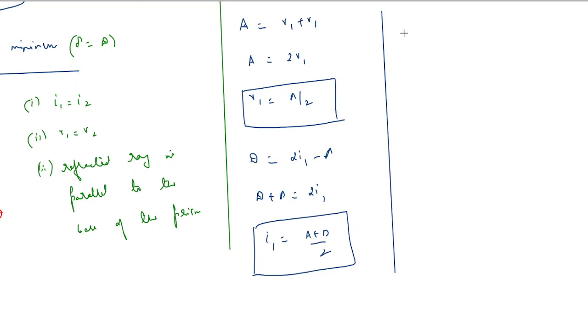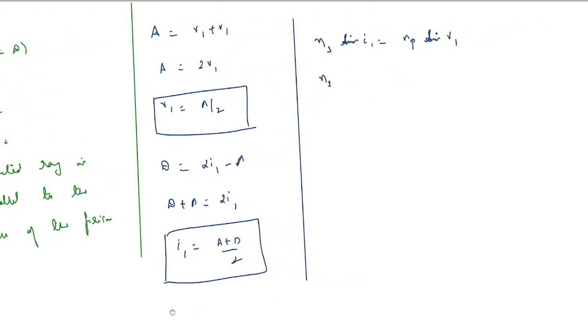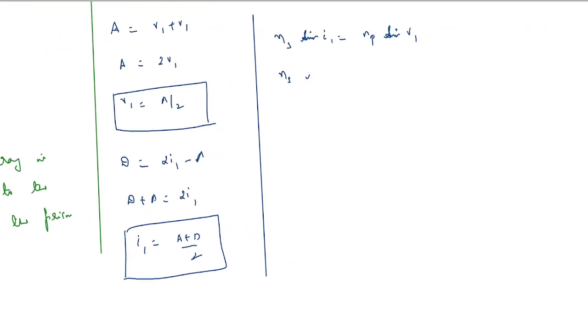So ns into sine I1, where I1 was (A plus D) by 2, is equal to np into sine R1, and R1 is A by 2.